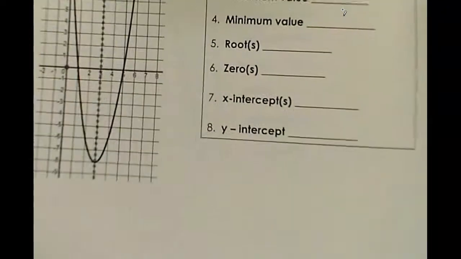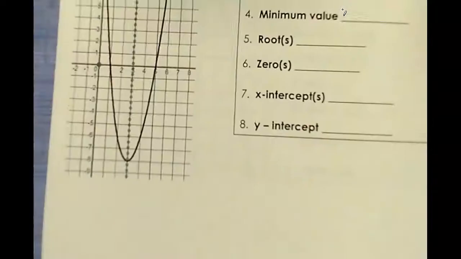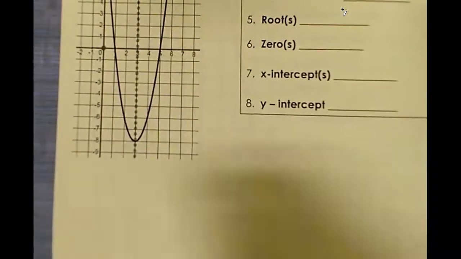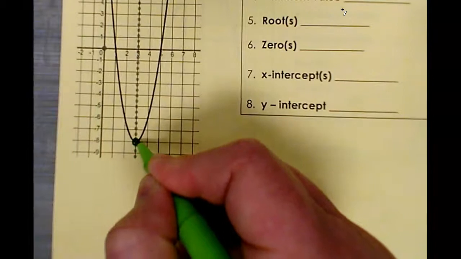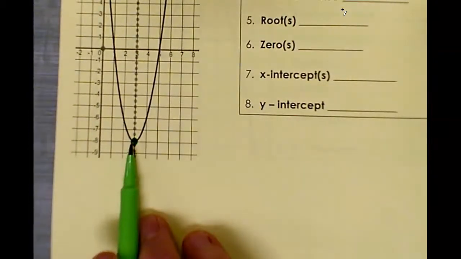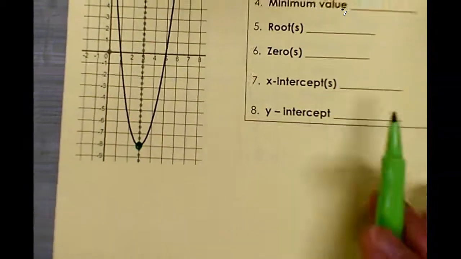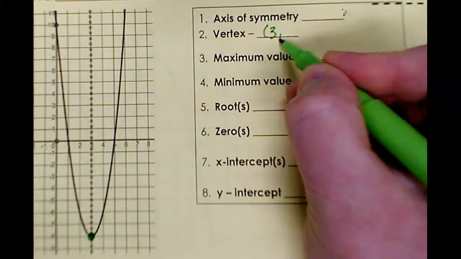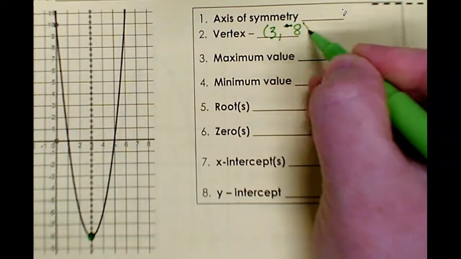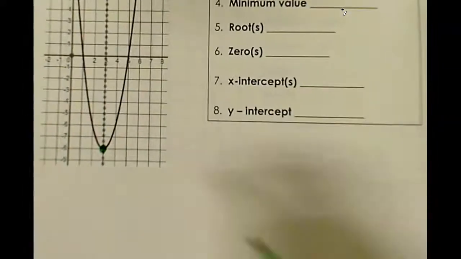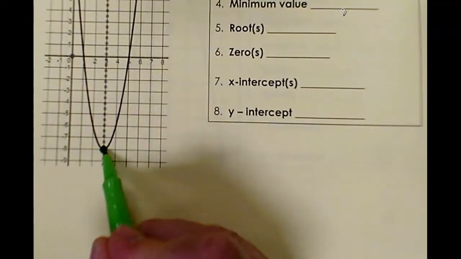Let's start off. One of the key points to always be aware of is the vertex point. So can you tell from where you're sitting what the coordinate of that vertex point is? So this is 3, -8. And is that point a maximum or a minimum?